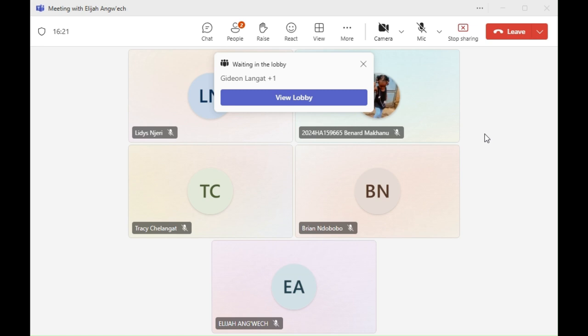Aldehydes are just carbonyl compounds with an R group and a hydrogen attached to the carbonyl carbon. That's the simple definition that we can take for aldehydes.